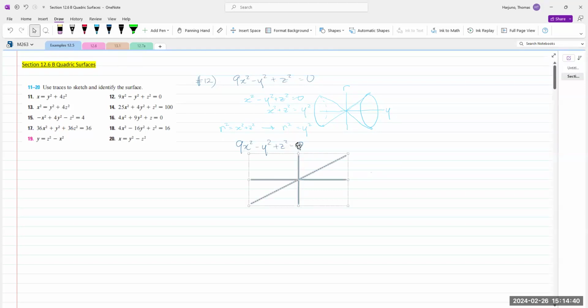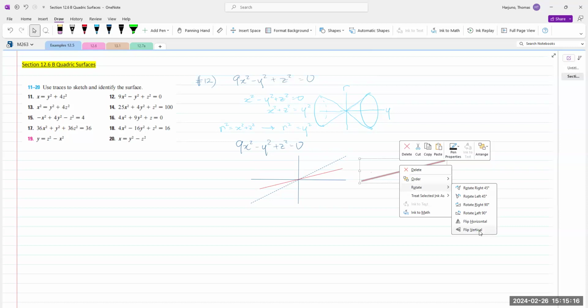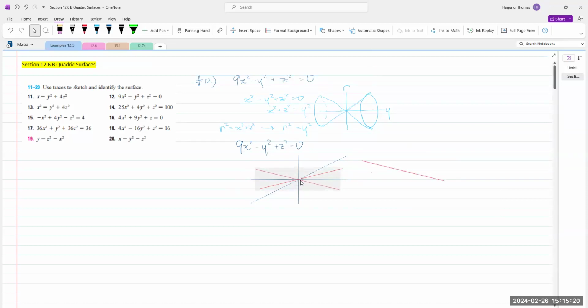Let me try to see if I can rotate this a little bit. Oh, I cannot.